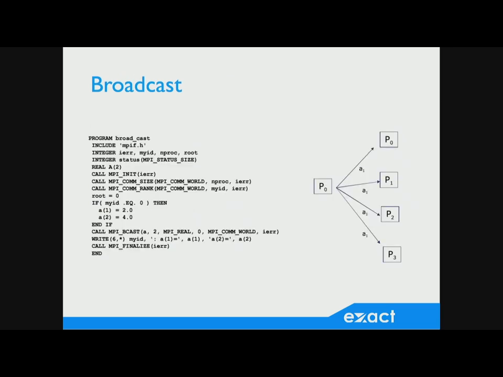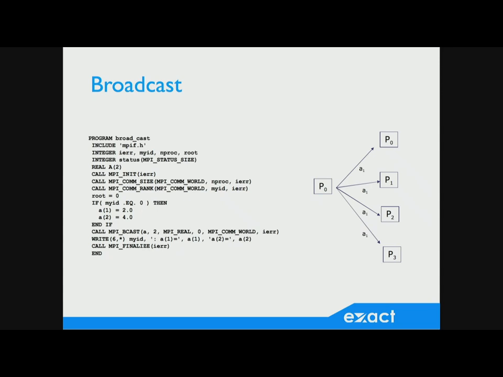So this is a very simple example of an implementation of broadcast. I have the ID equal to 0, that is my root processor. I define an array, A1 and A2, and then I call MPI broadcast of this array with 2 elements that are real.